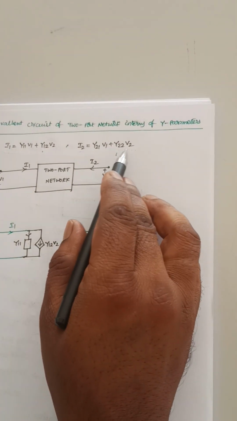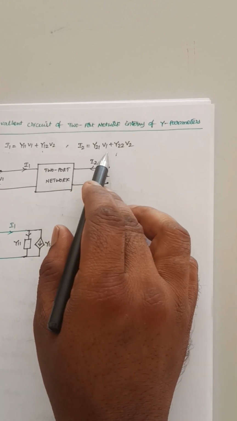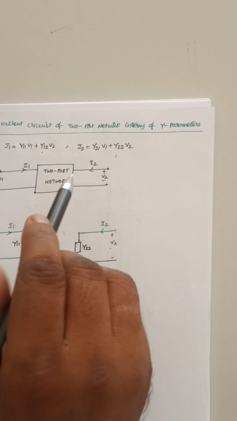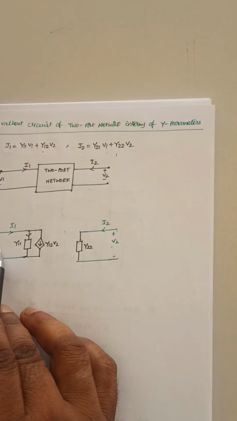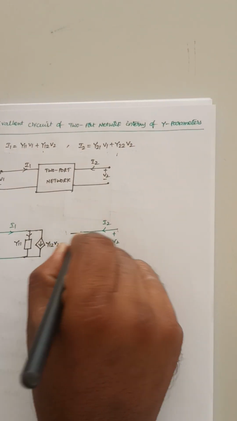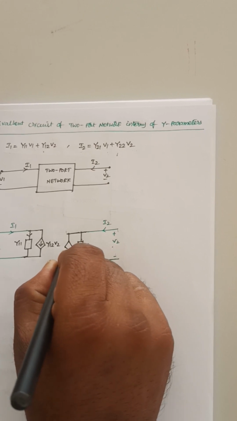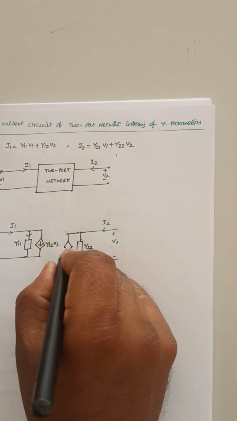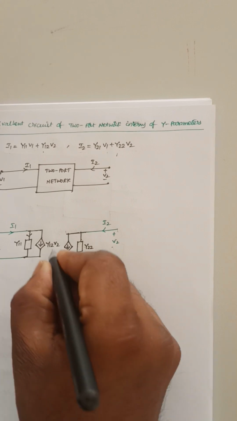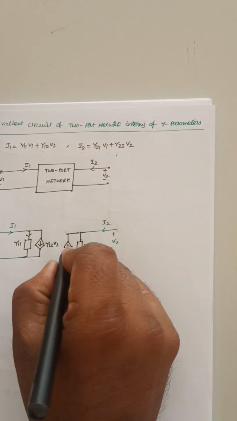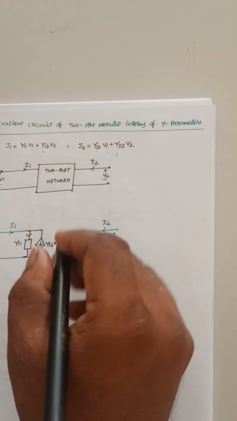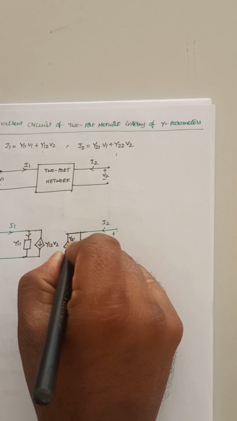So this current I obtained now. Now I need to add this current with this current. This current depends upon this voltage, so I need to draw the dependent current source here, and the direction of the current source is this direction, and the value of this current source is y21 into V1.